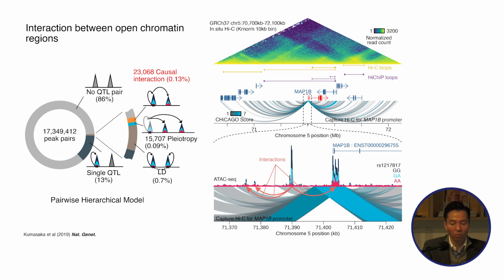I'm not going into the detail of the method today, but the rationale here is there are 2 chromatin accessibility peaks, and both the accessibility is high for some individual and low for the other individual, and this is consistent across many people. Then we believe that there are some interaction between those 2 chromatin accessibility regions.